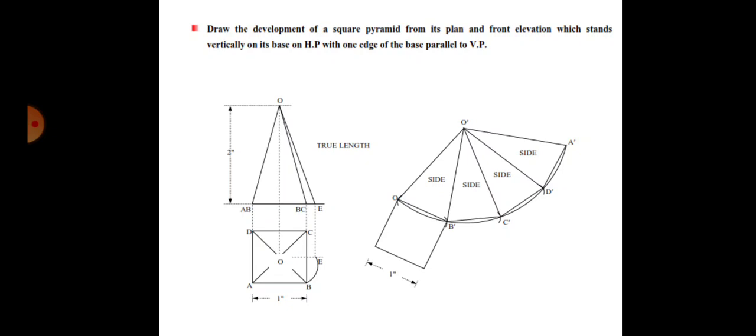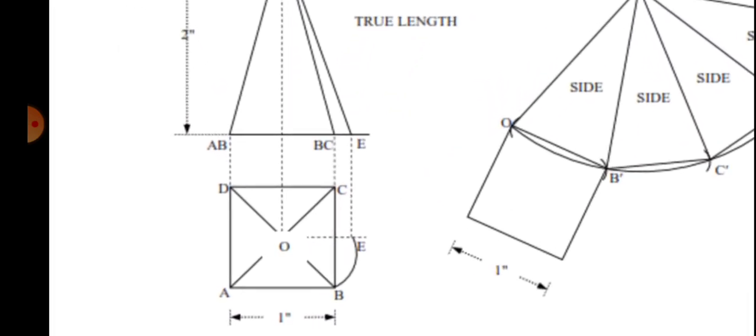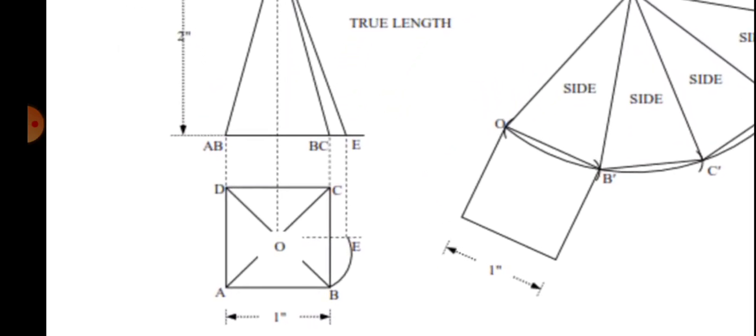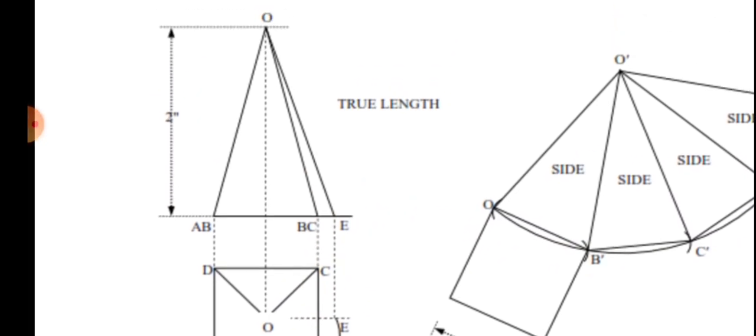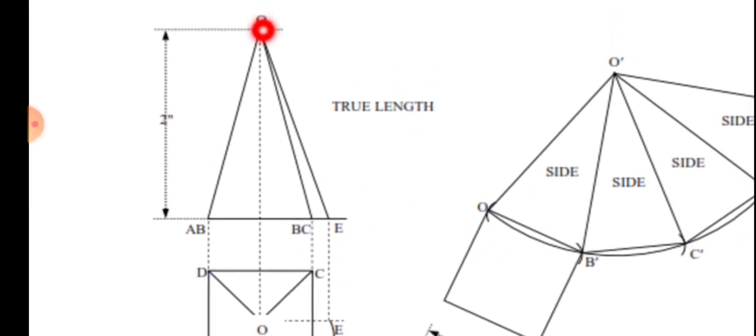So what you have to do here is, please observe, I'll just zoom this area and tell you. You will have the edge here, right? So you would have got the front view like this, that is from O to B and O to A. If I had not told you this, you would have directly taken this length as the radius and drawn the arc.